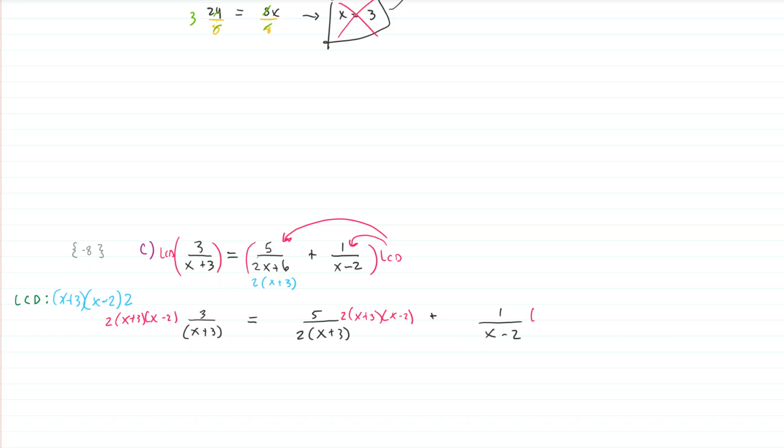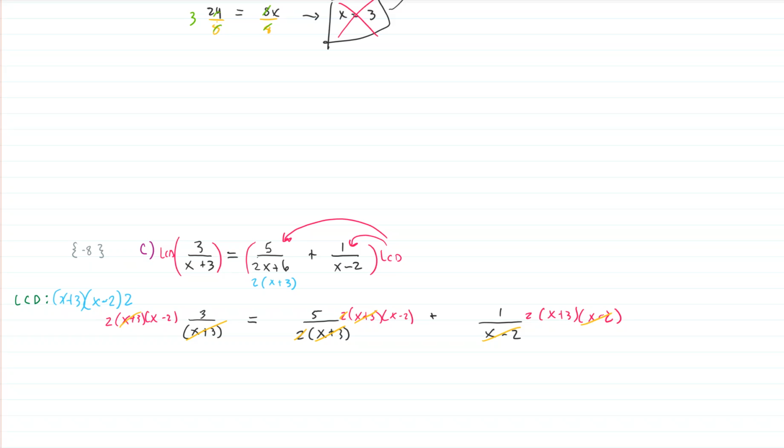And I also have that on the right here. So 2 times x plus 3 and x minus 2. Now let's see what cancels, because we're going to have some cancellation here. The x plus 3's cancel on the left. On the right, the 2 and the x plus 3 cancel. And in the second term, the x minus 2's cancel.